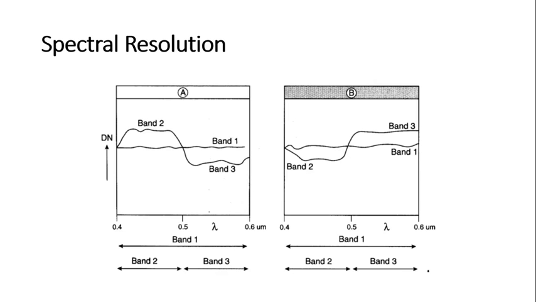Now, for example, here I have shown a particular representation to explain what this spectral resolution information can mean to you. Here we are using the broad wavelength band 1. The features of A and B cannot be differentiated.